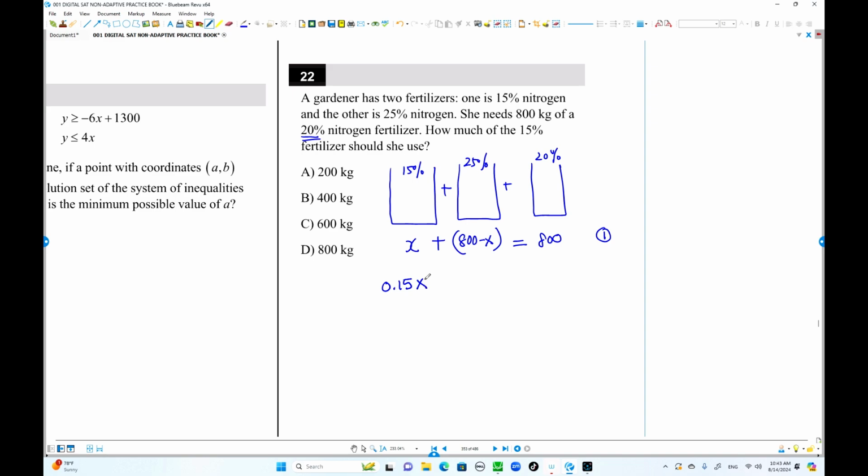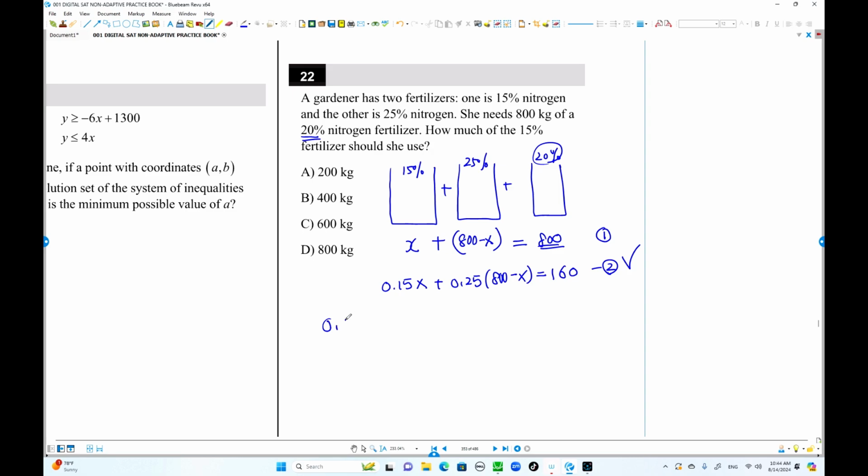The second is 25% of 800 minus x, that is the second amount of nitrogen, okay? The total is 20% of 800. How much? 160, isn't it? This is the equation, right? Using the equation, we can find the value of x now, okay?